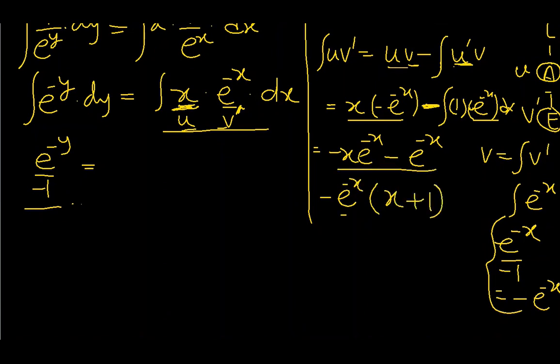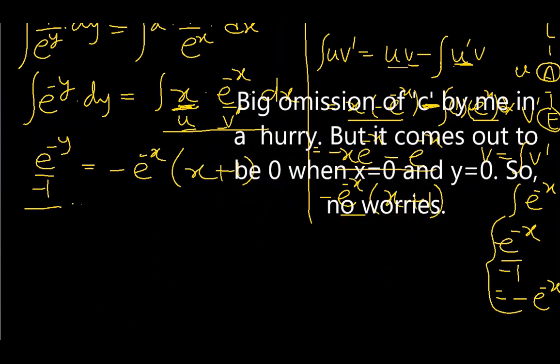From this, I factored out e to the power minus x negative. All right, let's write it here: minus e to the power minus x, x plus 1. So minus e to the power minus y equal to minus e to the power minus x, x plus 1 plus c. I forgot to write plus c here.